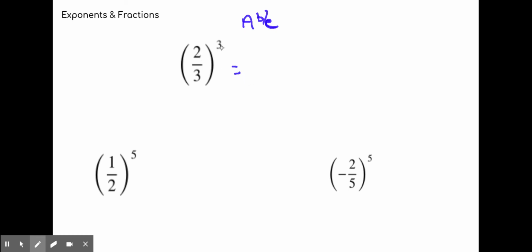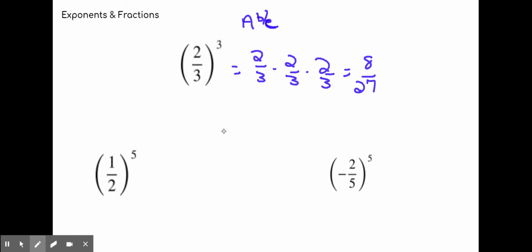So 2/3 to the third power means 2/3 times 2/3 times 2/3, which is 2 times 2 times 2 is 8, and 3 times 3 times 3 is 27. So that's 8/27ths.